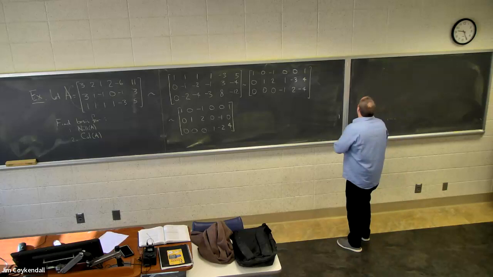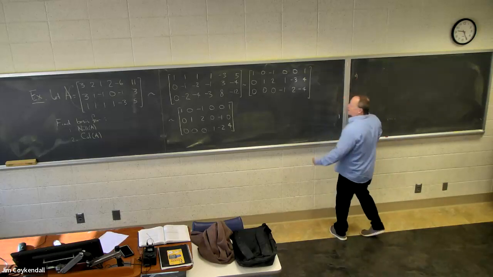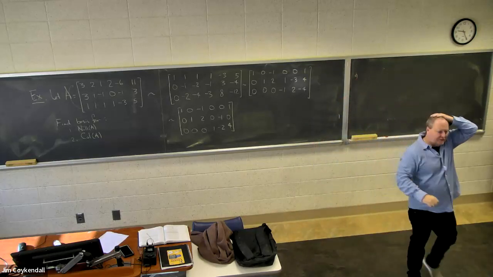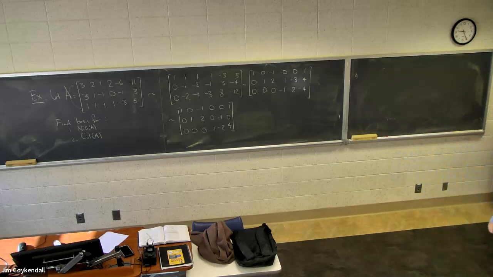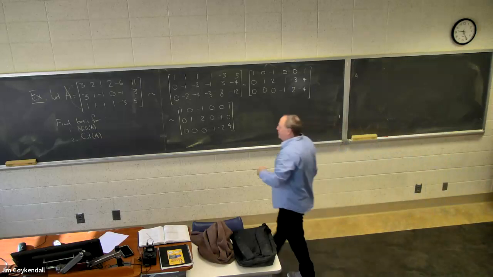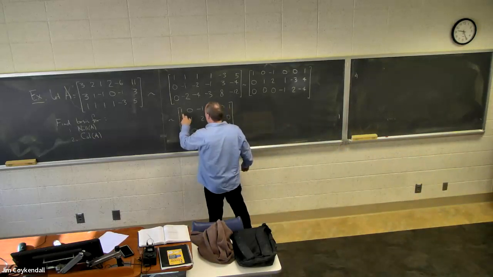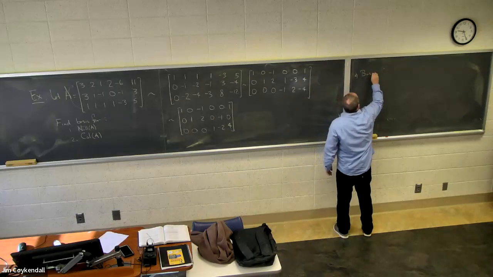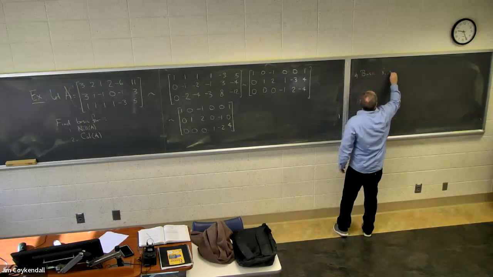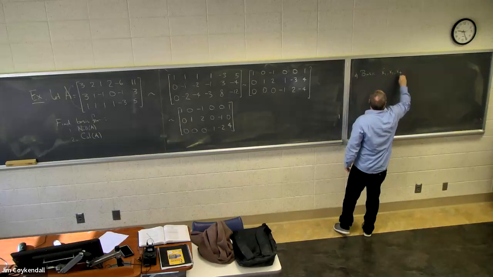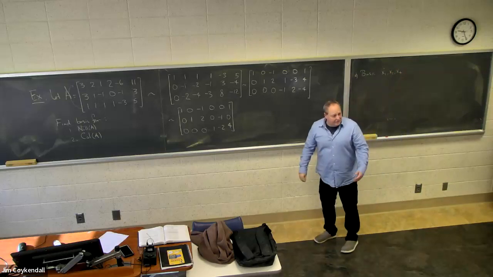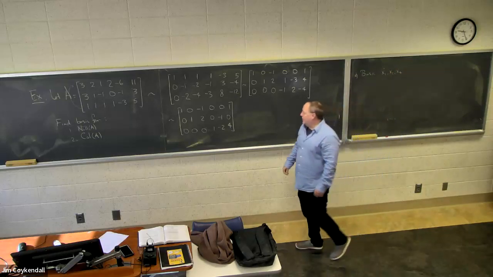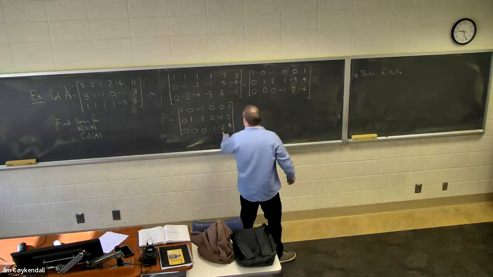What are my basic variables? The basic variables correspond to columns 1, 2, and 4. And of course, what's left over, the non-pivot columns, should be 3, 5, 6.